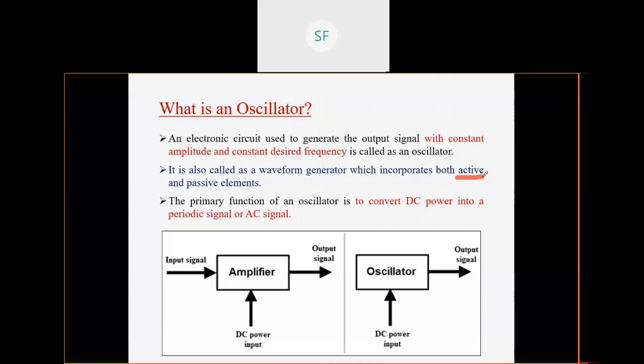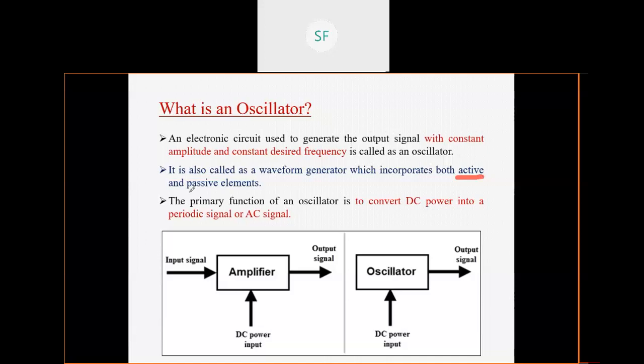So we have already seen the working of a transistor as an amplifier. The amplifier will have its own gain, so an amplifier circuit is nothing but an active element. So the op-amp and the transistor, these are nothing but active elements, right?